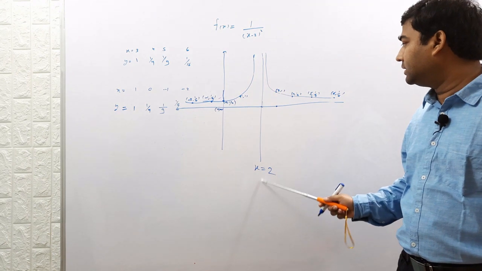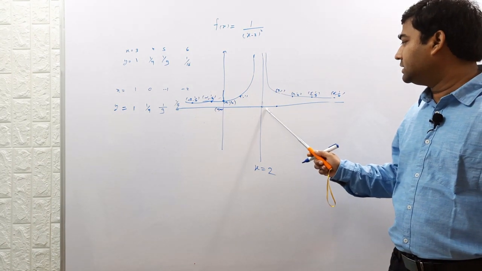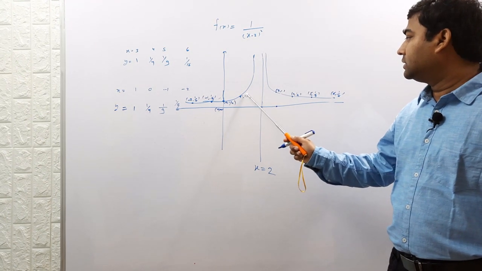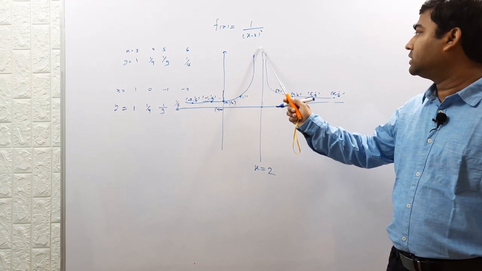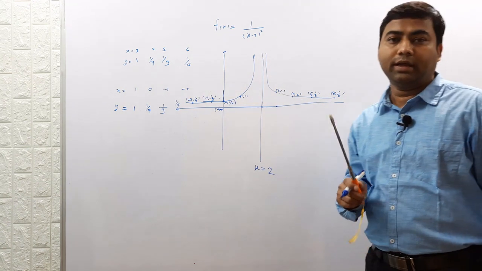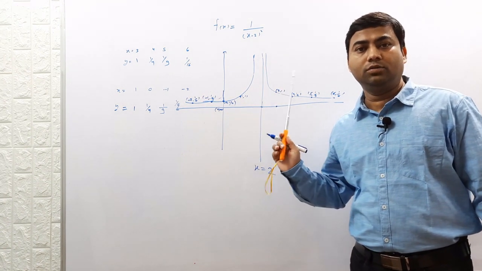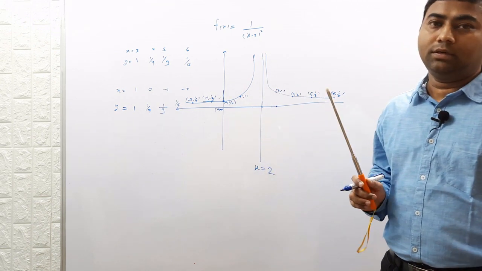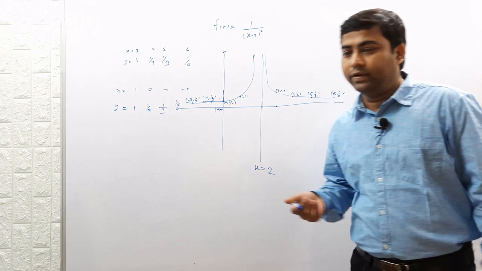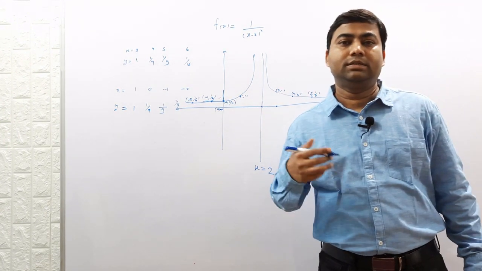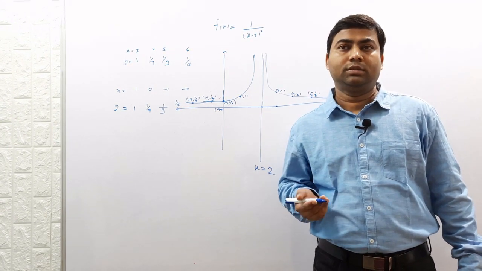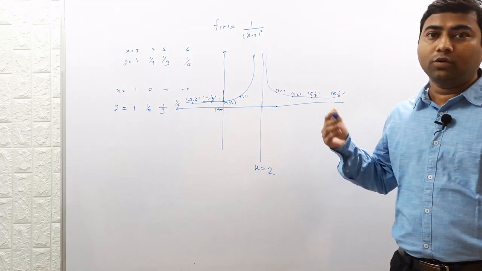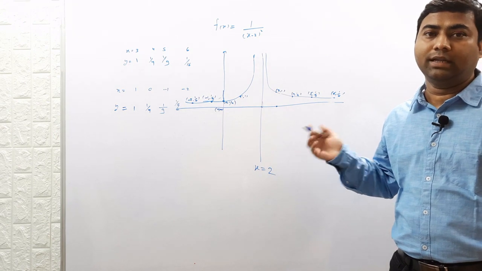Similarly, when x reaches 2 from the right-hand side and from the left-hand side, the curve gets closer and closer to the line x equal to 2. So x equal to 2 is also an asymptote for this curve. This is the way a function is visualized, drawn in Cartesian coordinates, and the properties of its shape are analyzed.